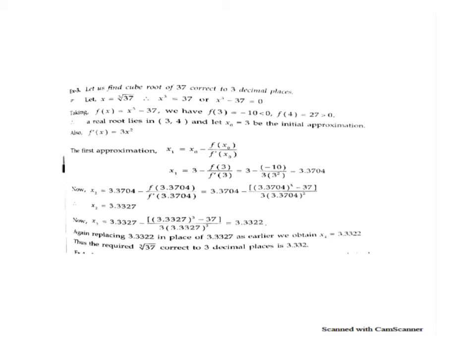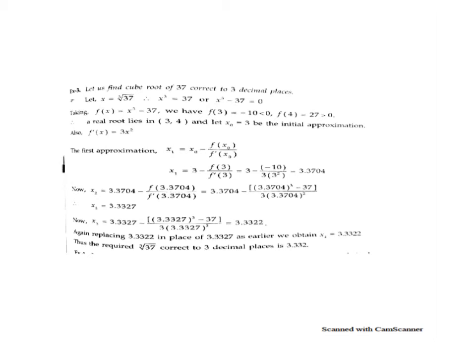On simplification the answer is 3.3704. Now this x1 value we will use to find the value of x2. Therefore, again we have to find the value of the function at x equals 3.3704 and also its derivative. Therefore, x2 equals 3.3704 minus f of 3.3704 divided by f dash of 3.3704.